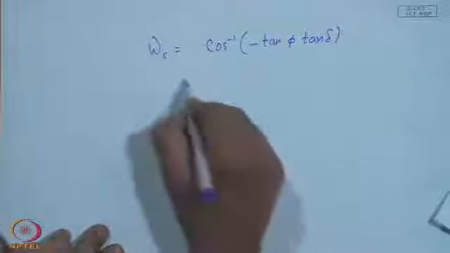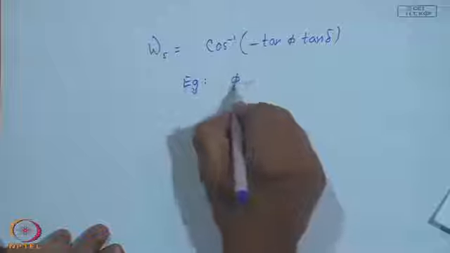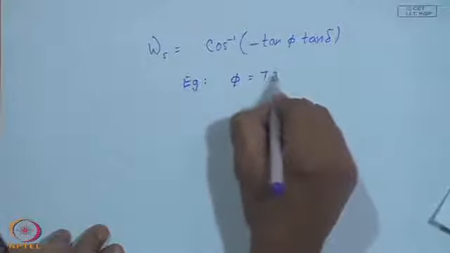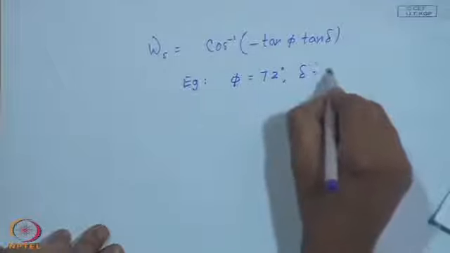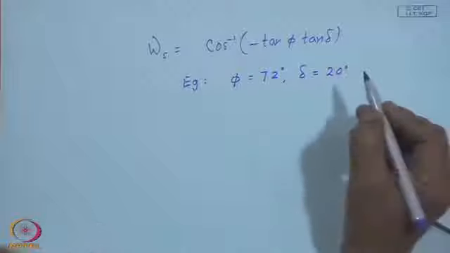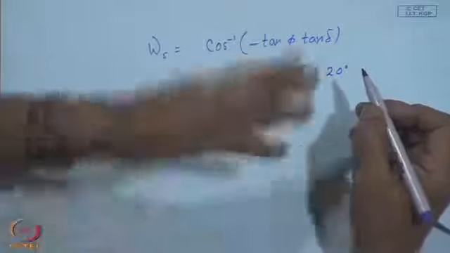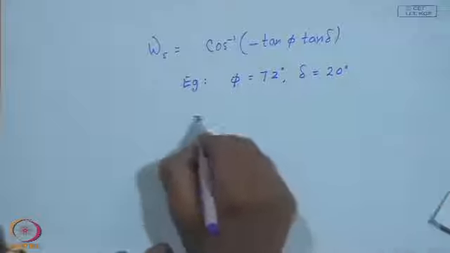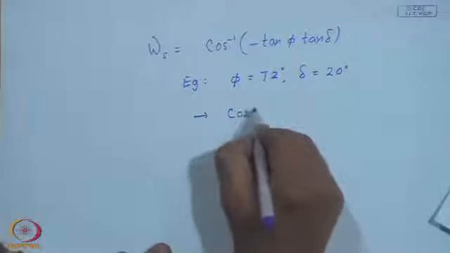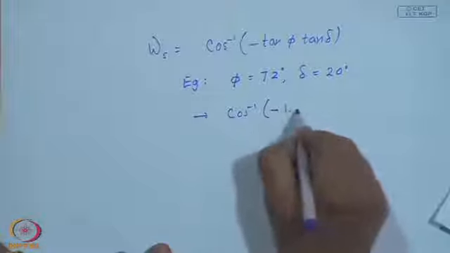As an example, later on we will formalize it mathematically. Let phi be 72 degrees, delta be 20 degrees. Okay, high latitude and summer, higher declination. Obviously, I will have a cos inverse of minus something like 1.272.